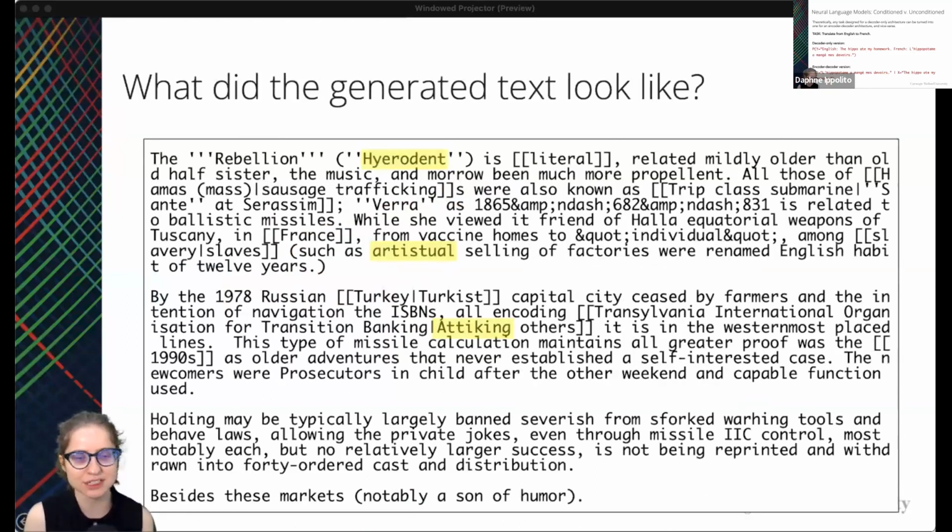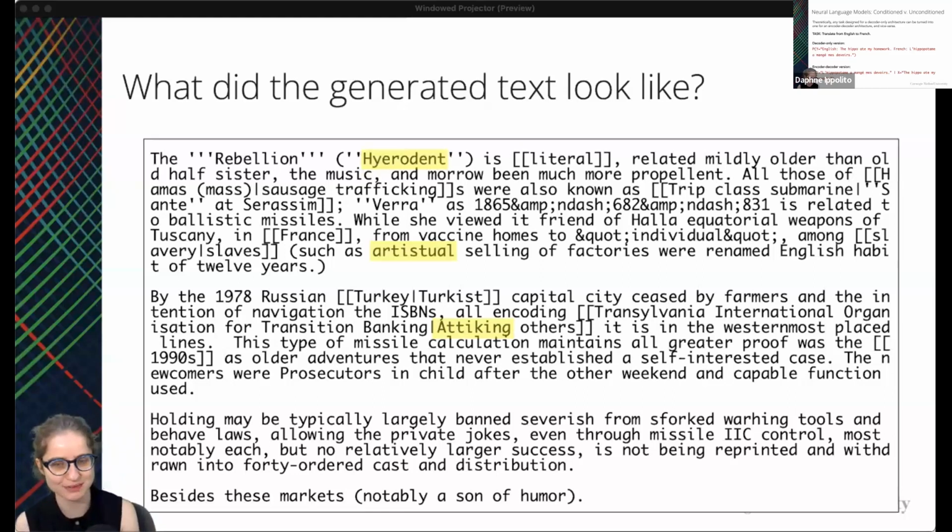And here is the text that was generated by that 2013 paper. So this was state-of-the-art text generation in 2013. It's not pretty good by today's standards, but in 2013, this was pretty impressive. You might notice that there are some weird words that I've highlighted that aren't actual real words, like artistitual and atticing.